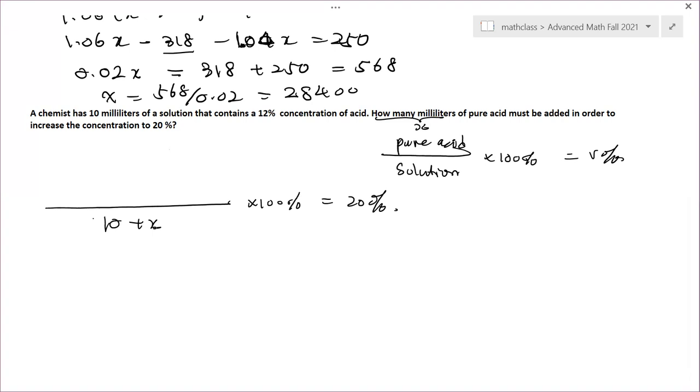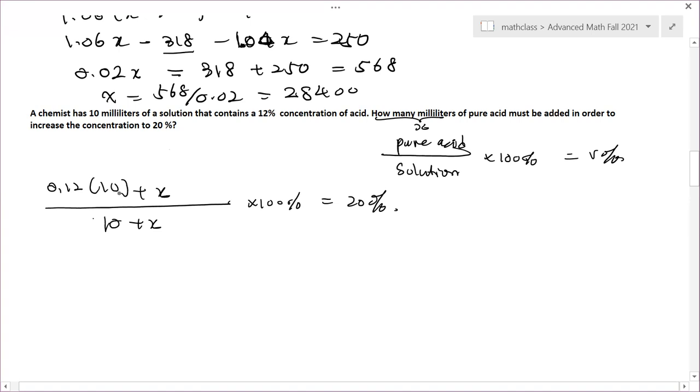The amount of pure acid is part from the original solution and part from the added pure acid. The added part will be X. That's pure. From the 12% concentration solution, there are 0.12 times 10.